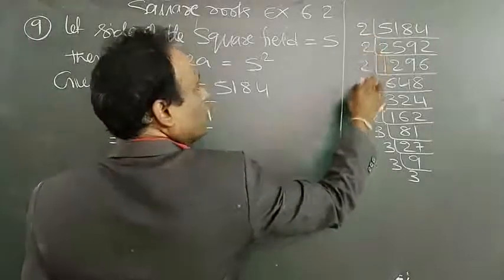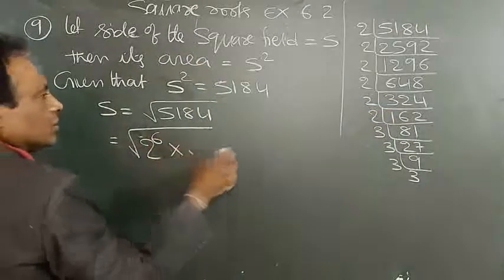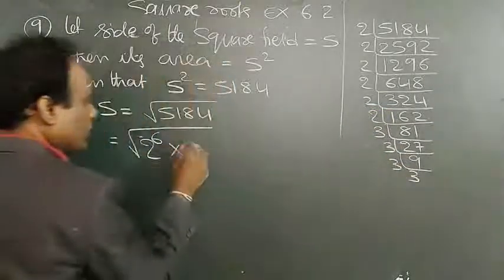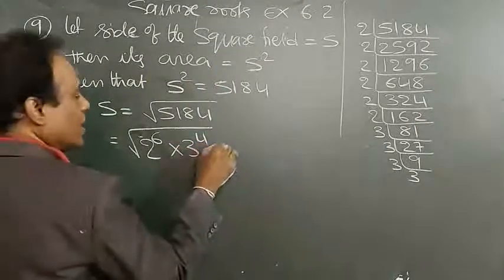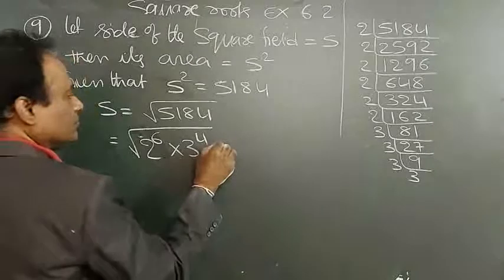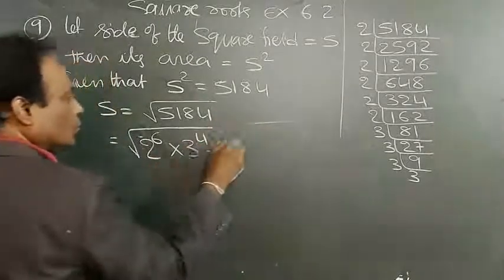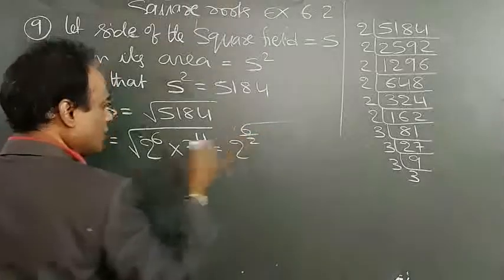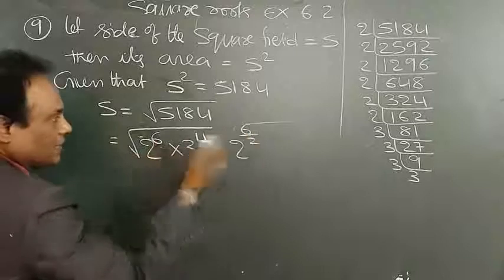So now, 1, 2, 3, 4, 5, 6: 2 power 6. 1, 2, 3, 4: 3 power 4. This will become half. If you remove the root, 2 power 6 by 2, the power will become half. I told you, whenever the root is removed, divide the power by 2.